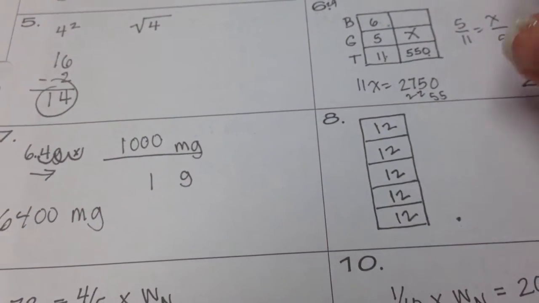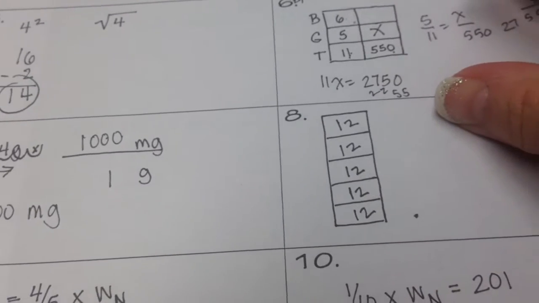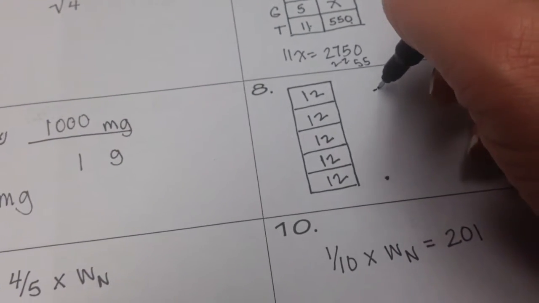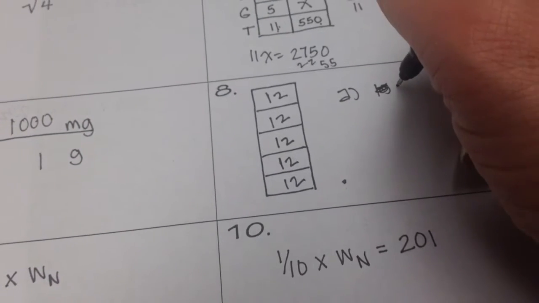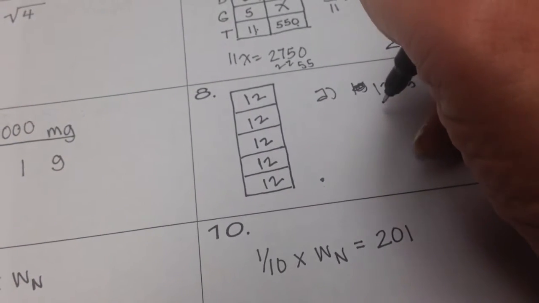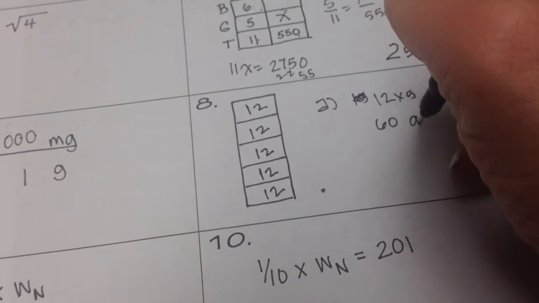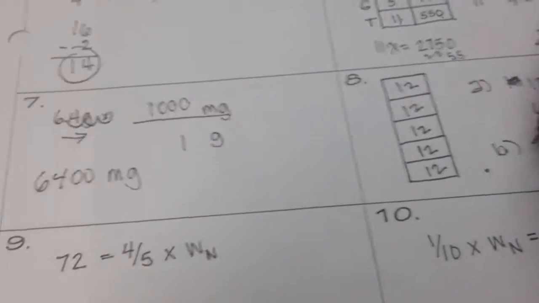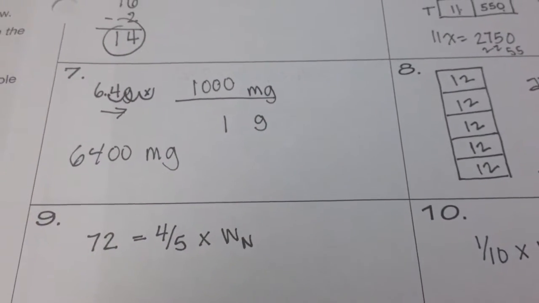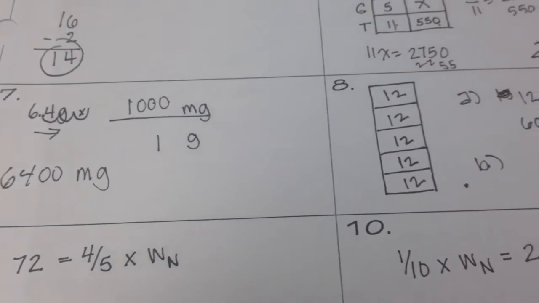How many games did the Madrigals play during the whole season? Well, I know that 12 times 5 is 60. So they played 60 games. Then it's going to ask, well, if the Madrigals won 60% of their games, how many games did they win?